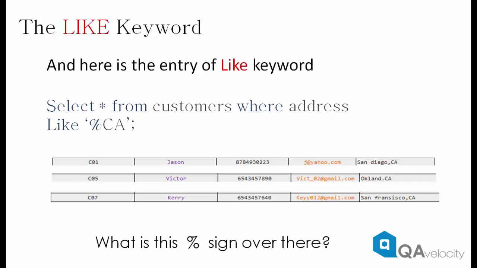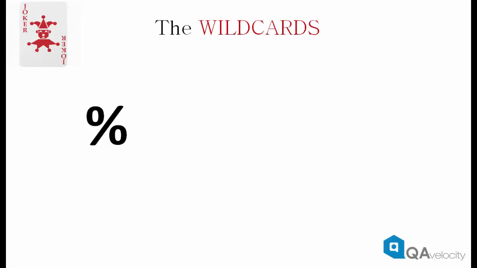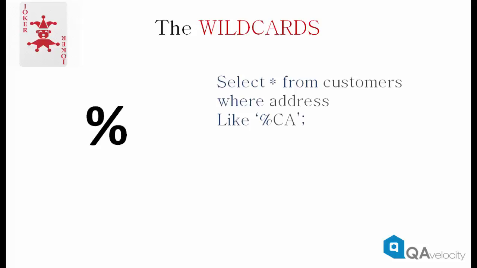Wait a minute, what is the percentage sign there before California? Okay, so this percentage is a wildcard character. Yes, that's what we call it in SQL. So we use the percentage sign whenever we do not remember the value. In case of Jeff, he has multiple options in California and he needs all the options in his result.